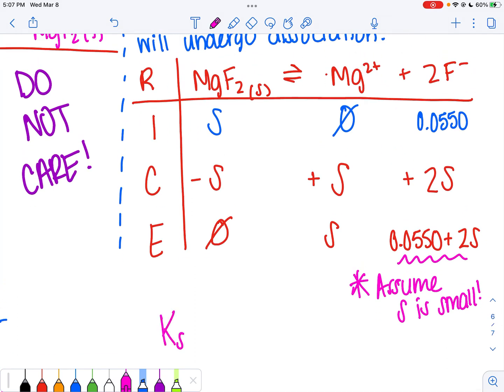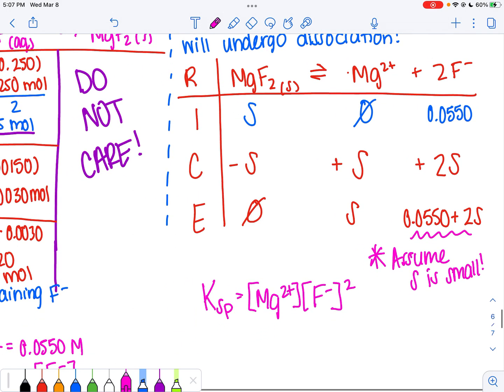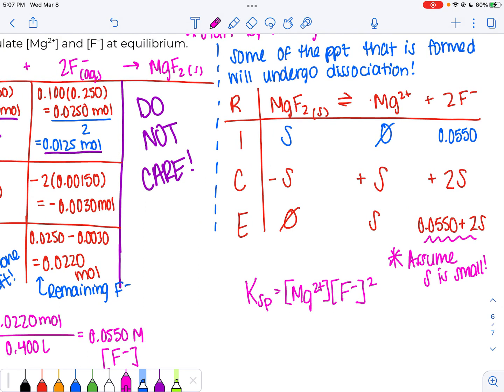All right, so if we're assuming that's small, we're going to say our Ksp is equal to the concentration of our magnesium times the concentration of our fluoride squared. Plugging this in, we know that our Ksp for magnesium fluoride, we can find back up in part A, is said to be 5.16 times 10 to the negative 11th.